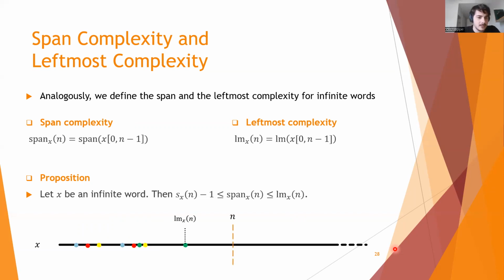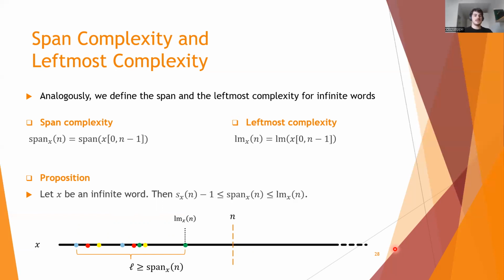Just to give you a hint of the idea, if we consider a certain context n, and the last position of the leftmost string attractor, you can clearly see that the span of this string attractor of size L would be, of course, greater or equal than the actual span complexity up to that length.